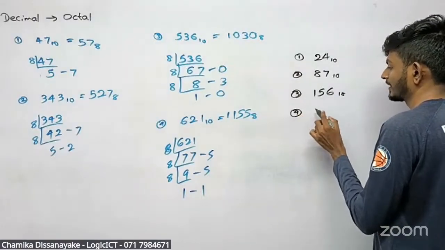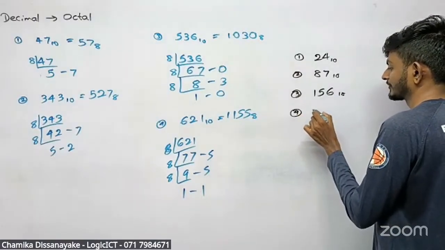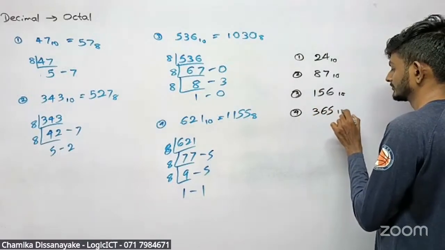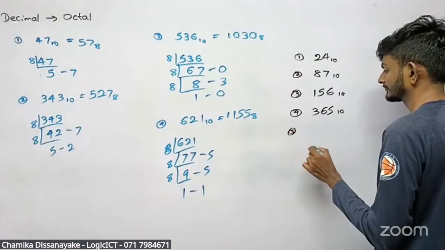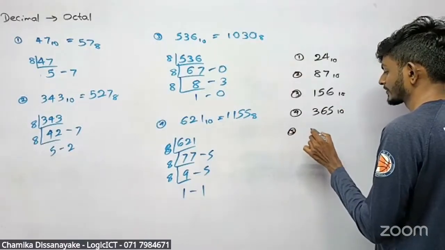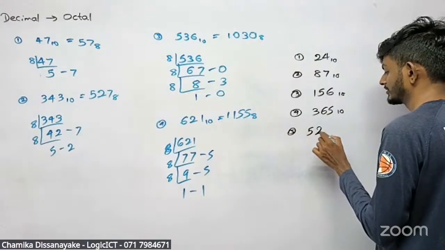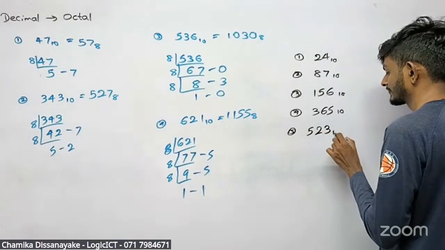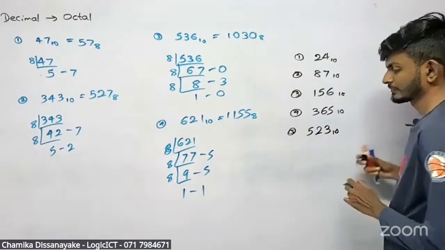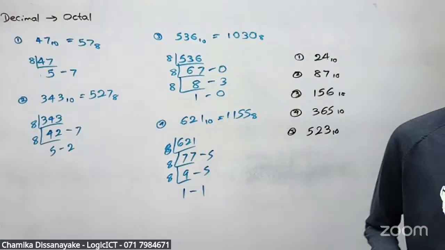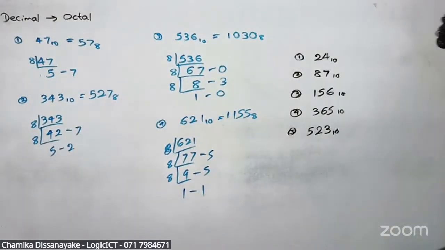365, fifth one, 523. Write those 5 homeworks and let's move.